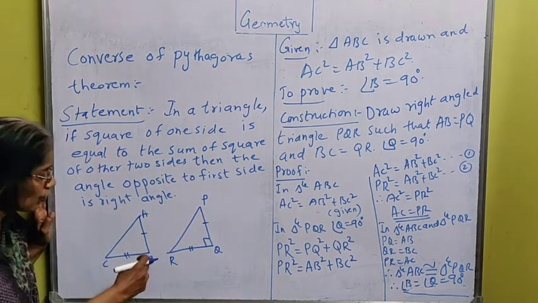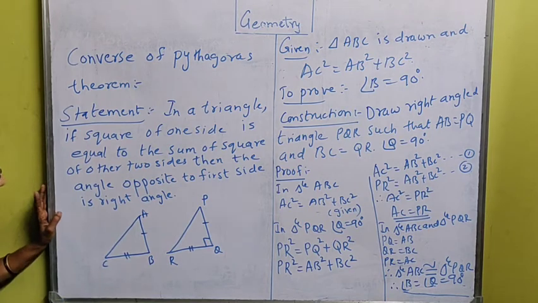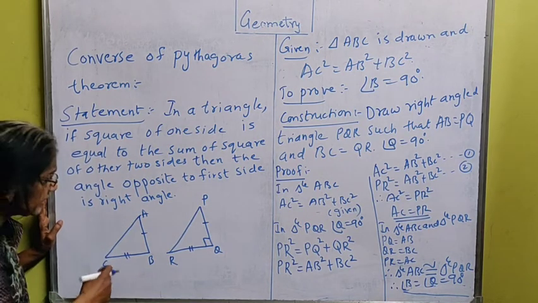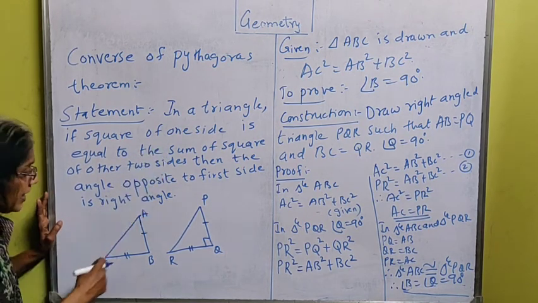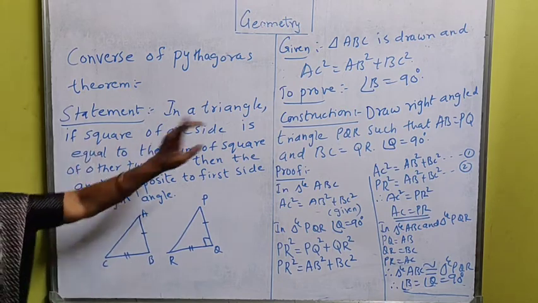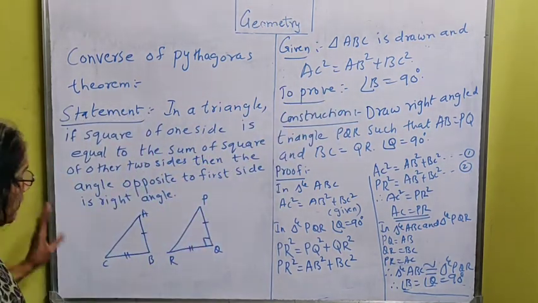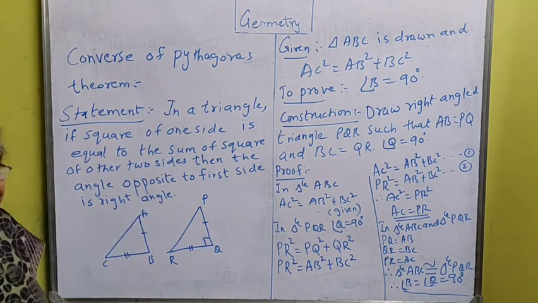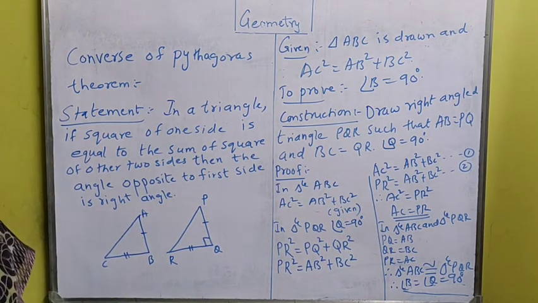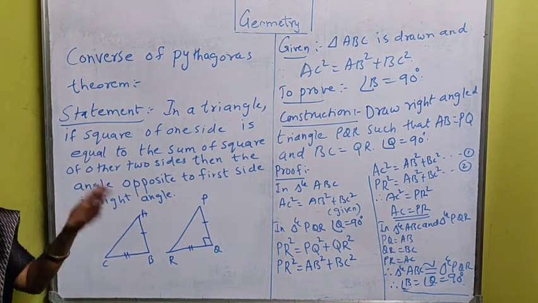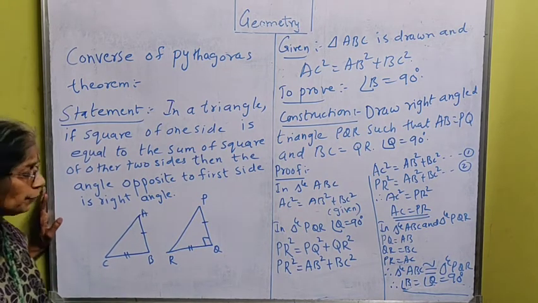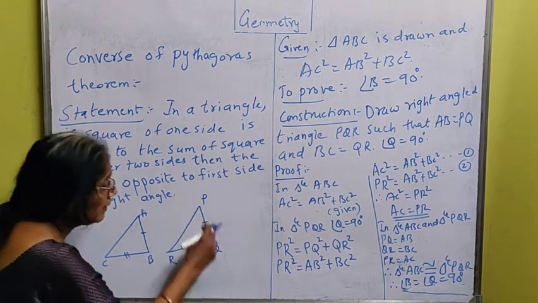So we draw a triangle ABC. What is given to us? ABC is a triangle in which AC square is equal to AB square plus BC square. That is given to us. What we have to prove: angle B is 90 degrees. To prove that, with only one triangle we cannot prove it, so we have to draw one more triangle. You are going to name it PQR.